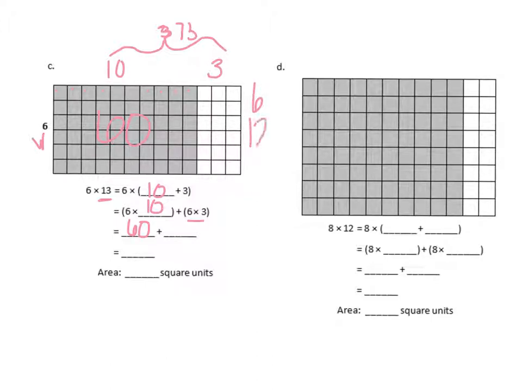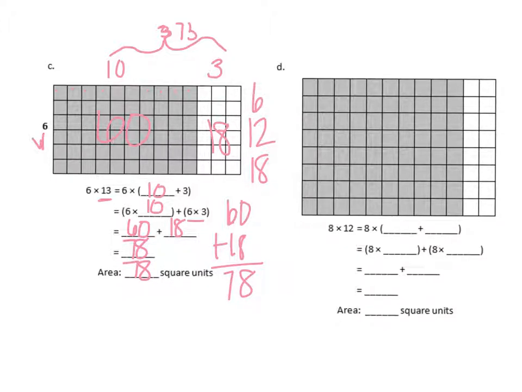So 6, 12, 18. So now what do we need to do with these two numbers? We need to add them. Go ahead and add 60 plus 18. Pause the video while you work and replay when you are ready or if you need help. So 0 plus 8 is 8, 6 plus 1 is 7. So the total area of the entire rectangle is 78 square units.